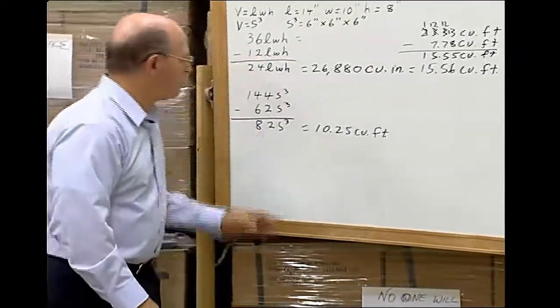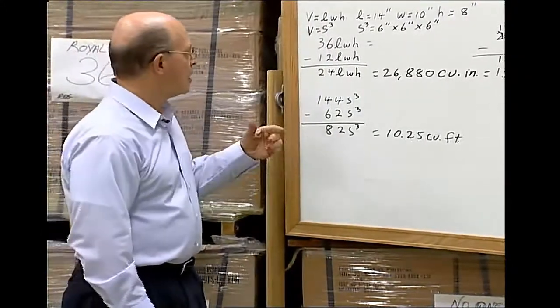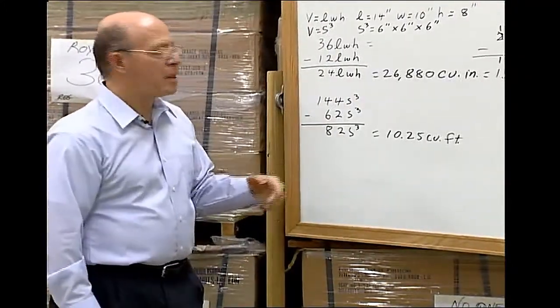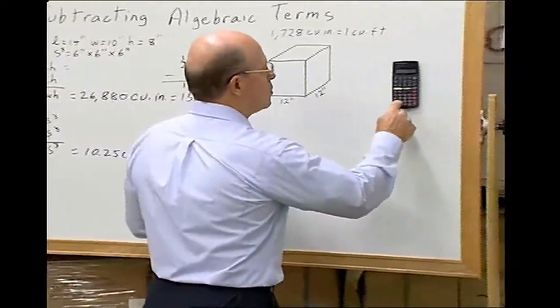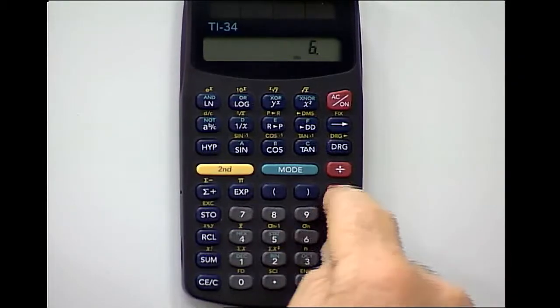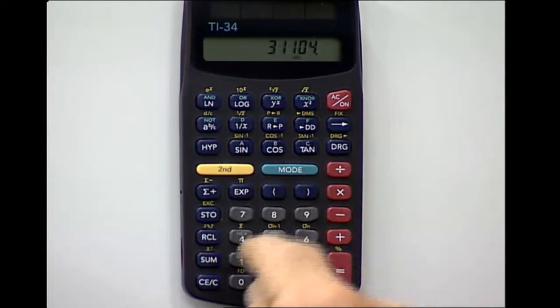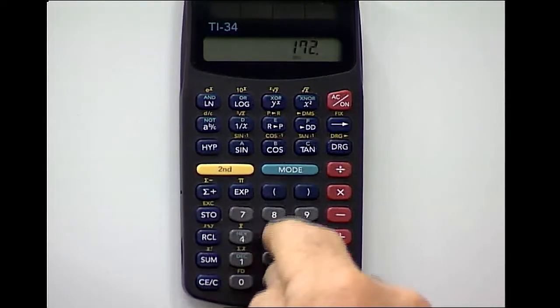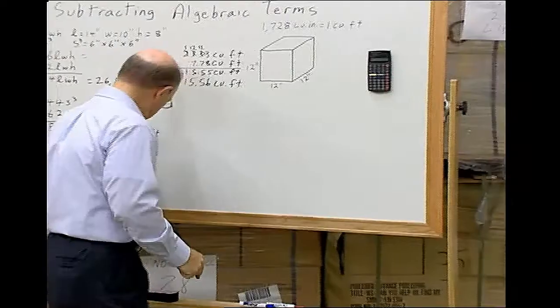Now let's take the 144 cube boxes and deduct the 62 and see what we get with that scenario. 144 times 6 times 6 times 6 equals 31,104 divided by 1728 equals 18.